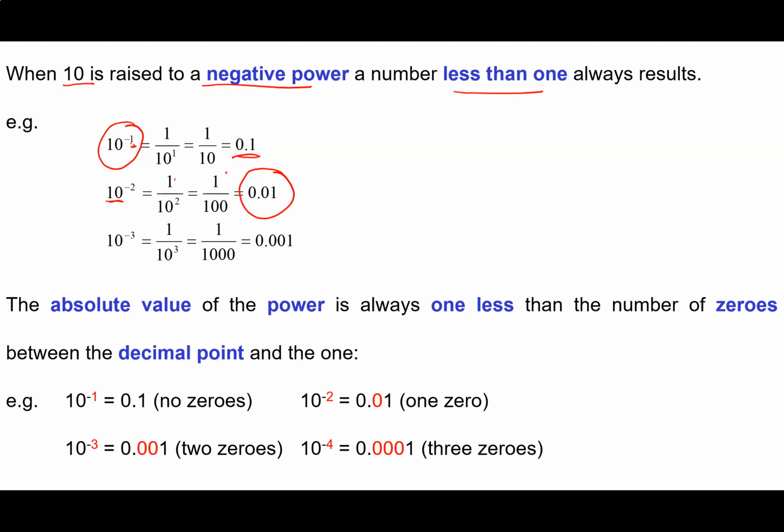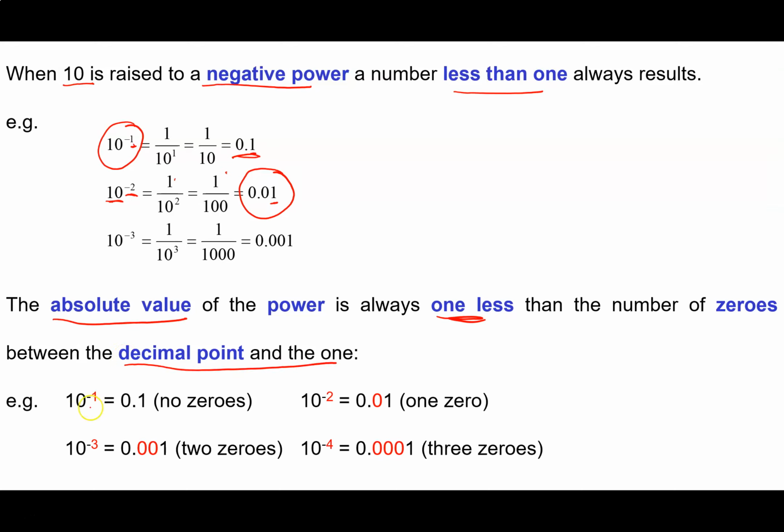We've got minus 1 there, and our 1 comes 1 space after the decimal point. We've got minus 2 here, and our 1 comes 2 spaces after the decimal point. So what's going on here? Well, the absolute value of the power is always 1 more than the number of zeros between the decimal point and the 1.